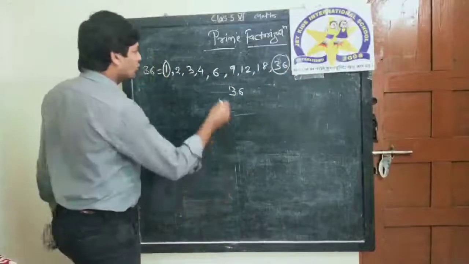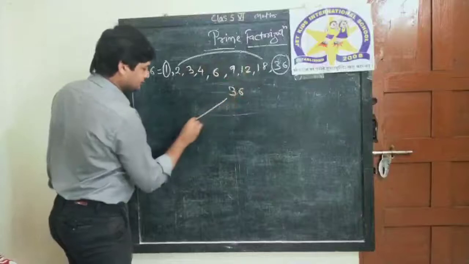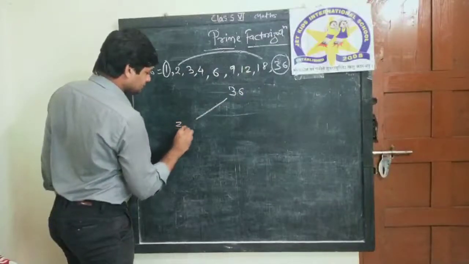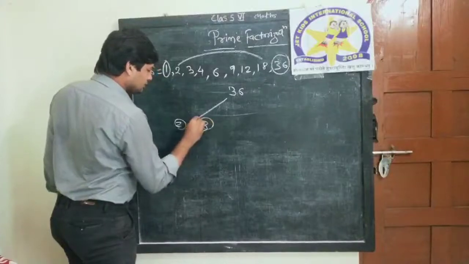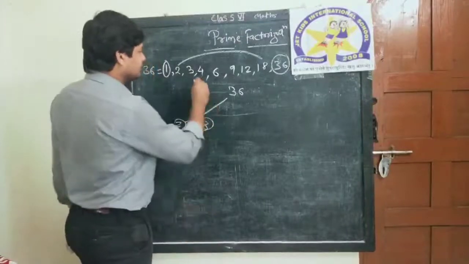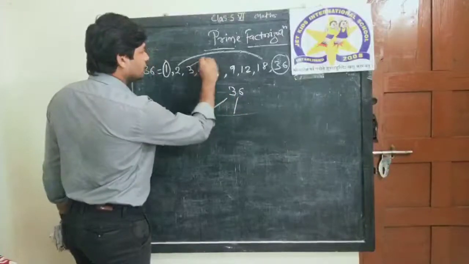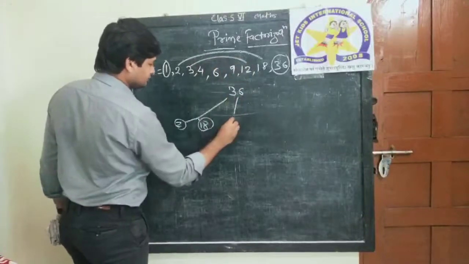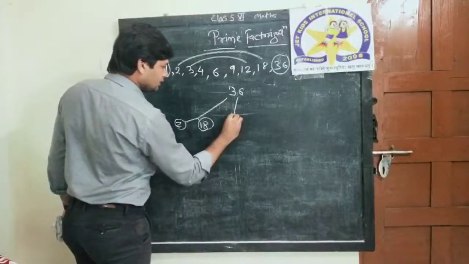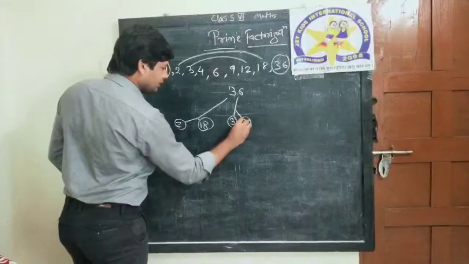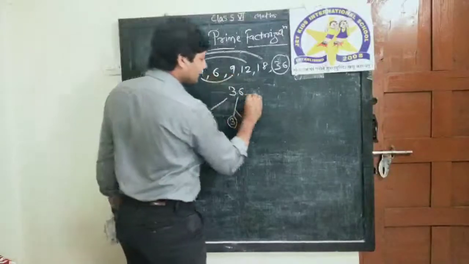Now the combinations of factors: 2 multiplied by 18, clear? Second, 3 multiplied by 12. Then third, 4 multiplied by 9.